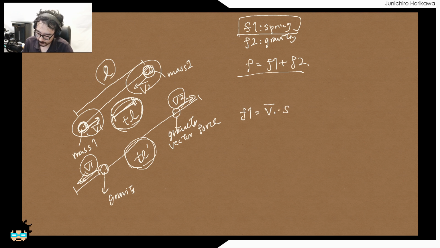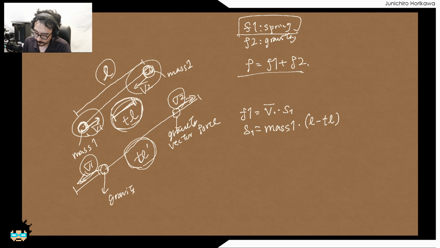Let's call this S1. S1 is equal to, first of all, you can use the mass 1, and you could multiply it with the difference between the current length and the TL, the target length.